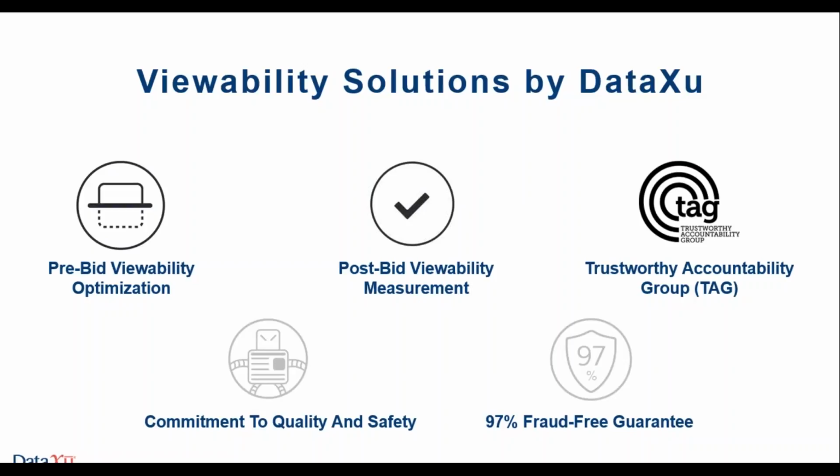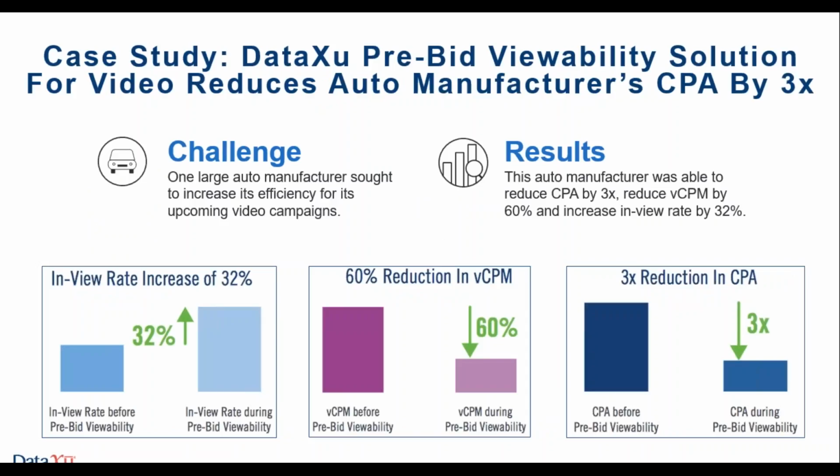So now, to illustrate the results of our pre-bid viewability solution, I want to share a couple of case studies. The first case study relates to a large auto manufacturer looking to improve viewability for one of their video campaigns.